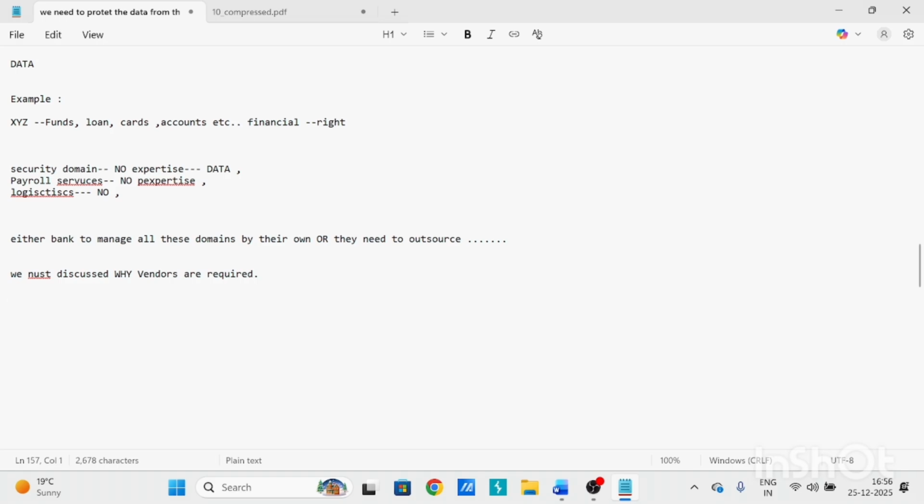If I take this logistics example, to deliver the cards, the logistics company collects the bank's employee details, maybe employee name, their phone number, their Aadhaar card, etc. So we can say that the vendor is processing their PII information.